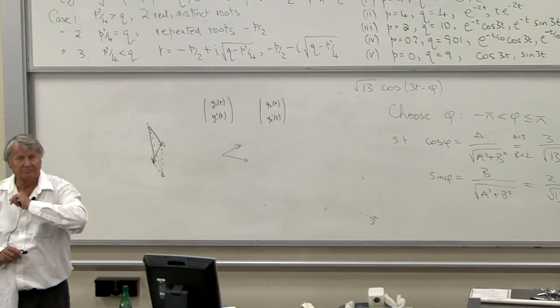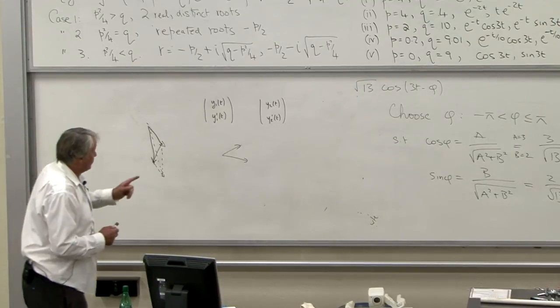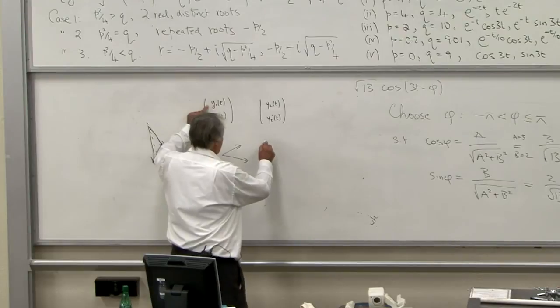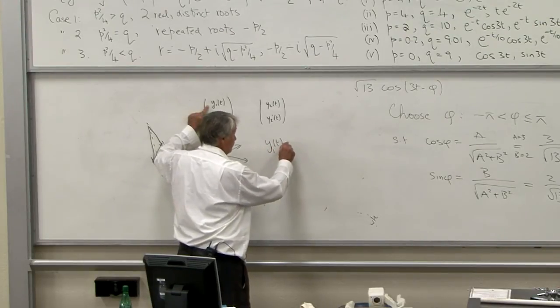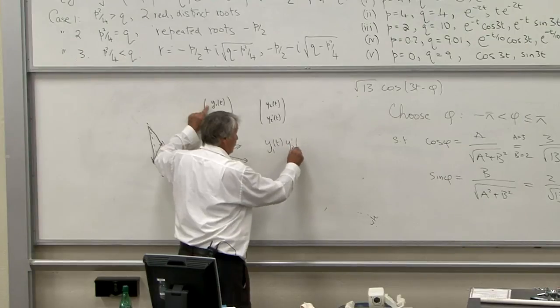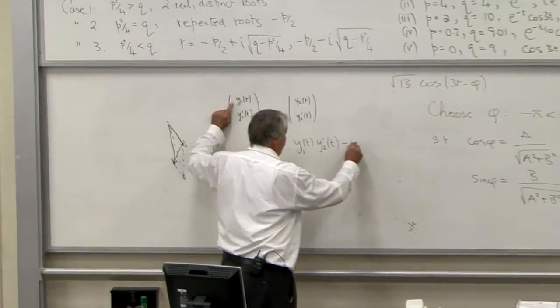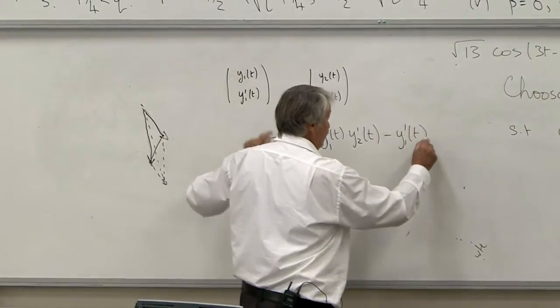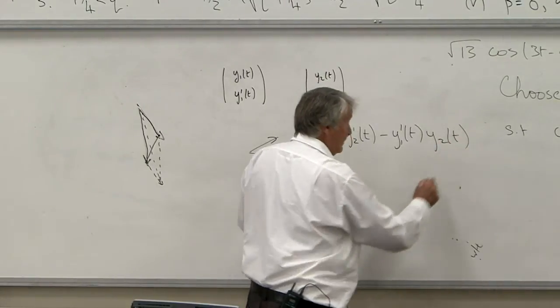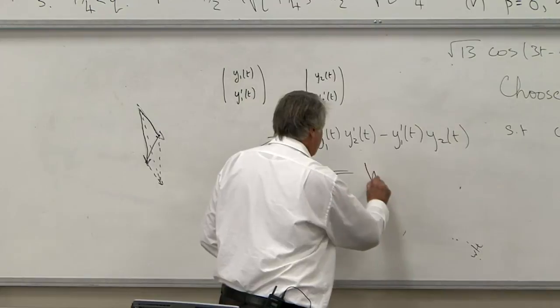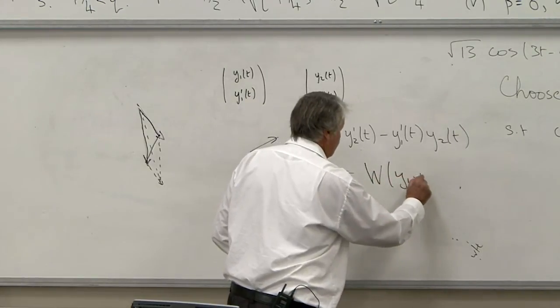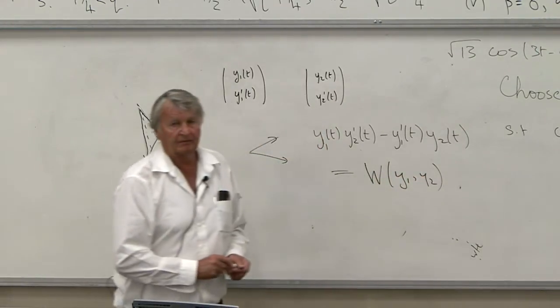Cross product. Exactly. And what is the cross product here? It's y1 of t... Can you guess? Yes, we've met him before. He is the Wronskian of y1 and y2.